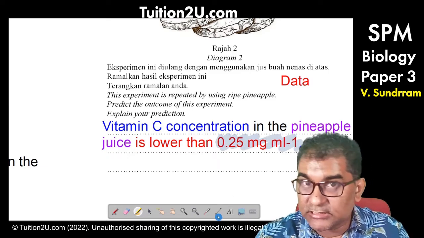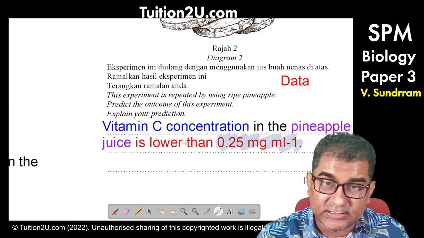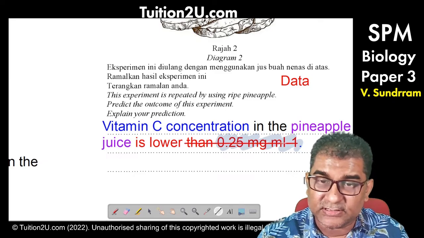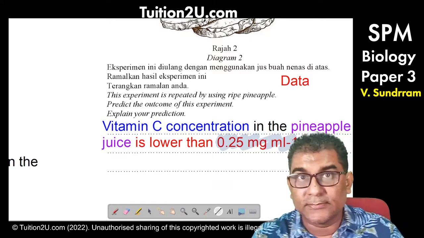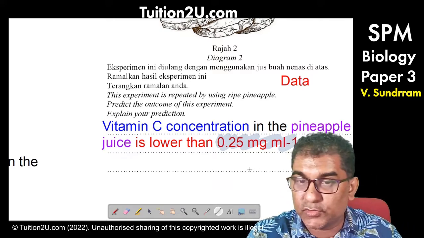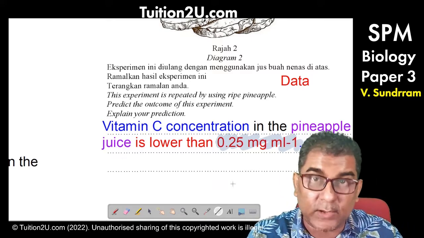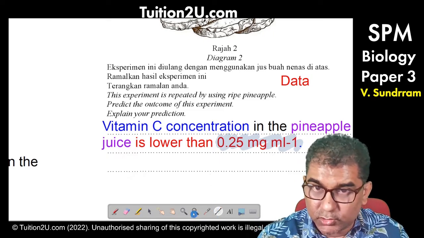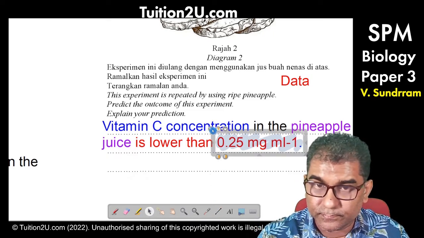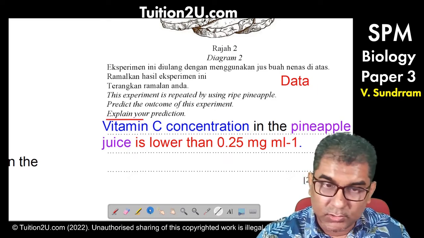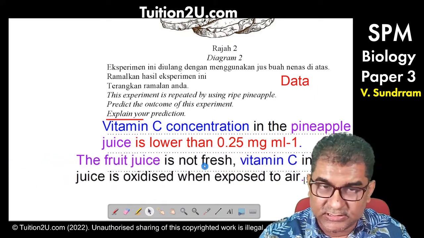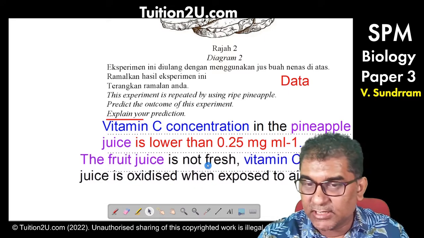But actually the marking scheme for this paper, they just use this one. They didn't have this last data, but I'm going to ask you to write the data. It's lower than 0.25 milligram per milliliter. The question also asks you to explain your answer. So the explanation is this: the fruit juice is not fresh.